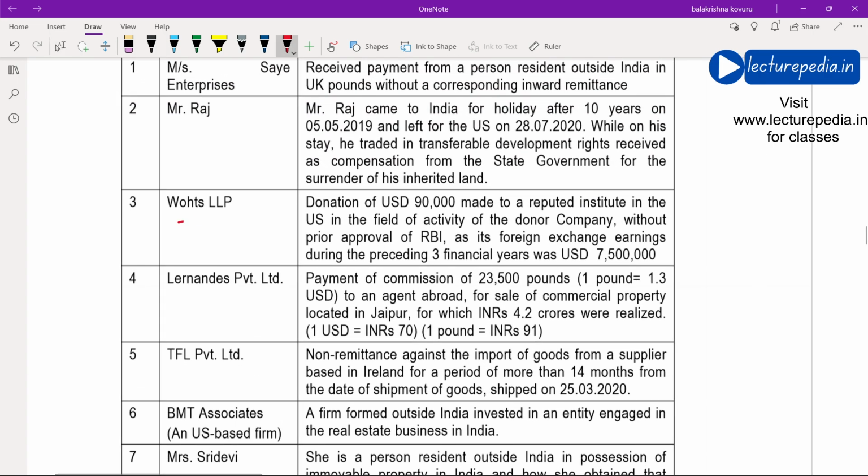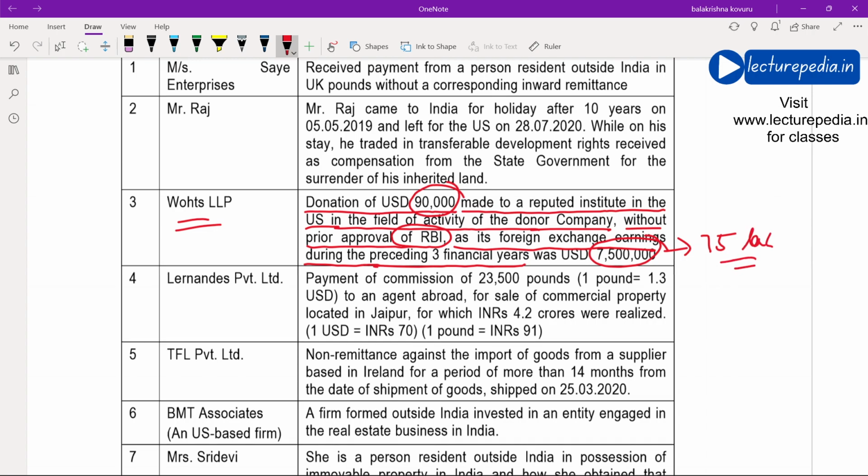Here, the adjudicating authority has issued notice to Votes LLP stating that a donation of $90,000 was made to a reputed institute in the US in the field of activity of the donor company without prior approval of RBI, as its foreign exchange earnings during the preceding 3 financial years were 75 lakhs. During the preceding 3 financial years, its foreign exchange earnings were 75 lakhs and it has made a donation of $90,000.